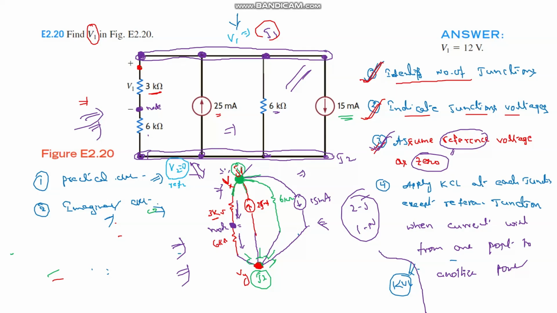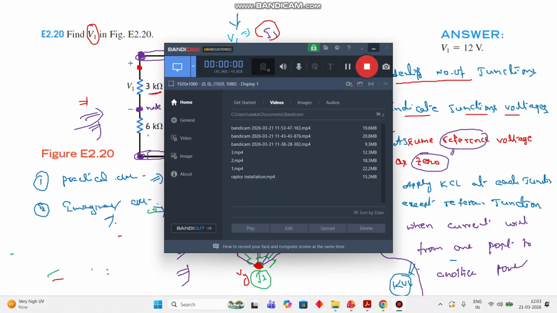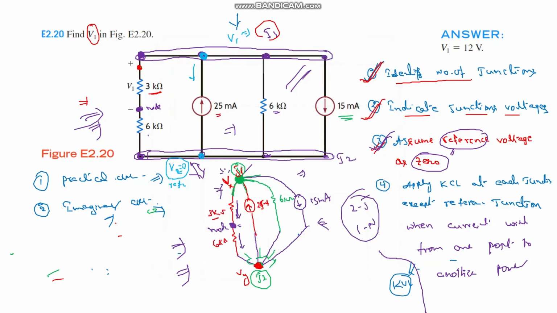because in order to flow current from junction 1 to junction 2, there should be a potential difference. Since I am assuming the potential at junction 2 as 0 for reference, the value of V1 should be not equal to 0.